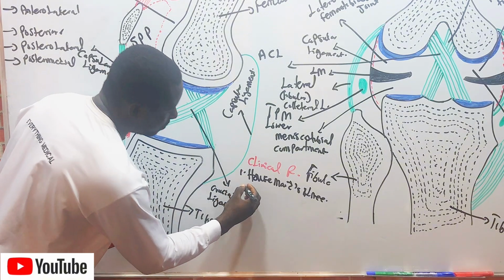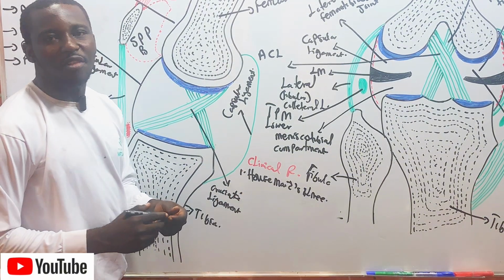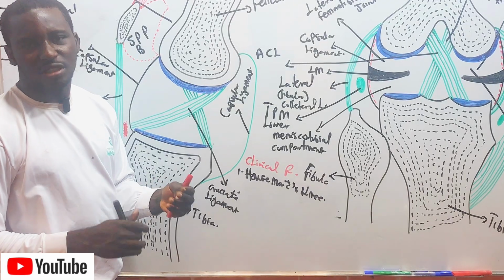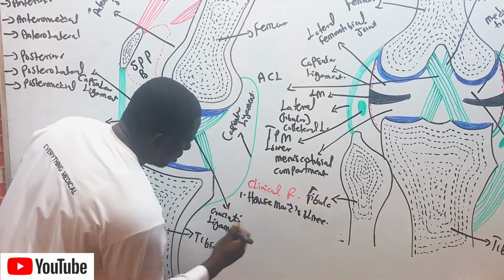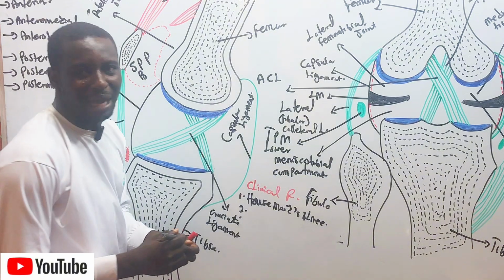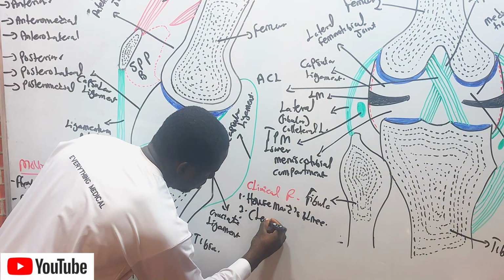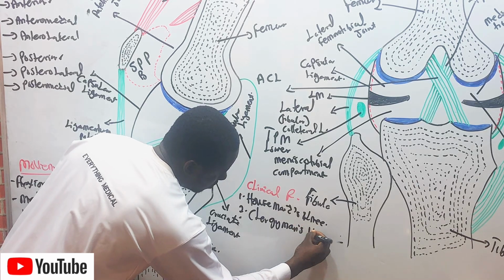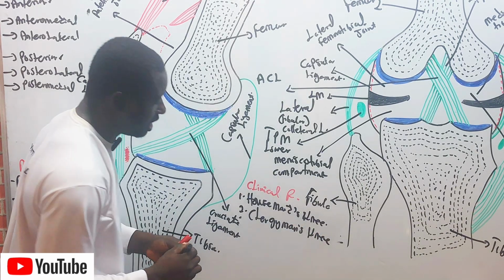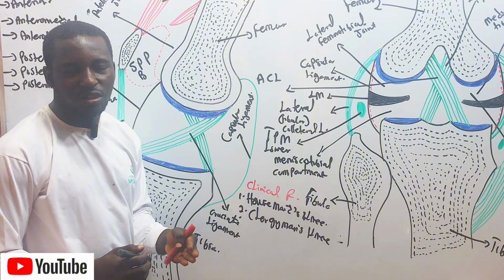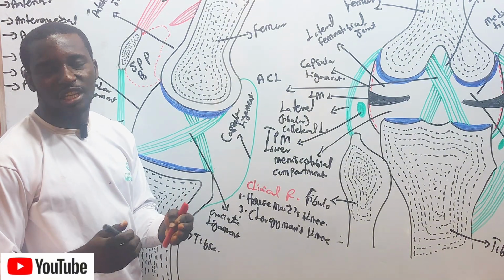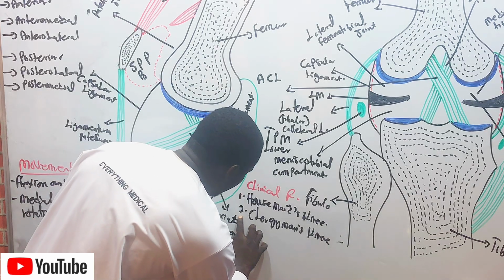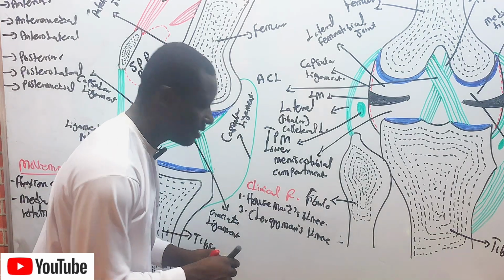What is housemaid's knee? Housemaid's knee simply means the inflammation of the subcutaneous suprapatellar bursa of the knee joint. Number two is clergyman's knee. Clergyman's knee simply means the inflammation of the subcutaneous infrapatellar bursa of the knee joint.